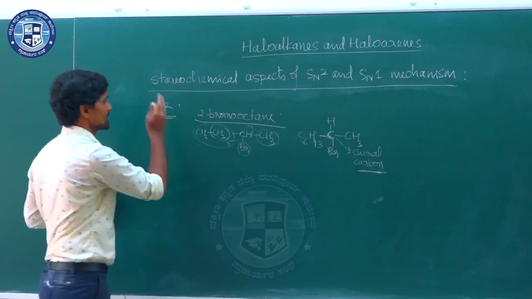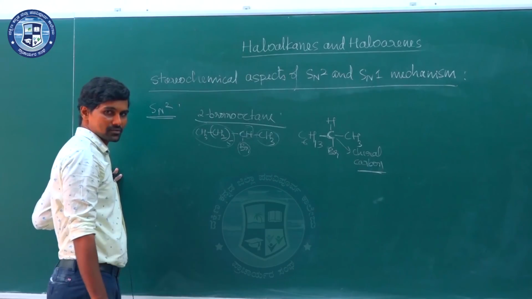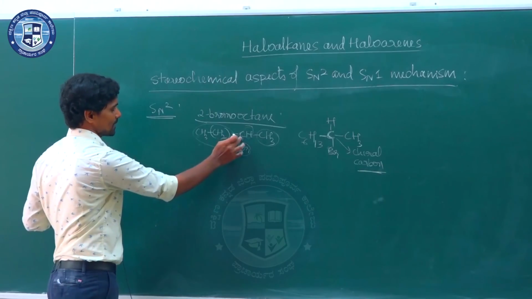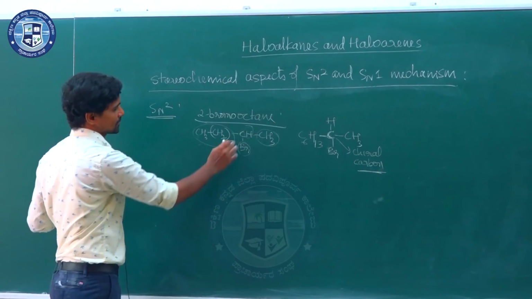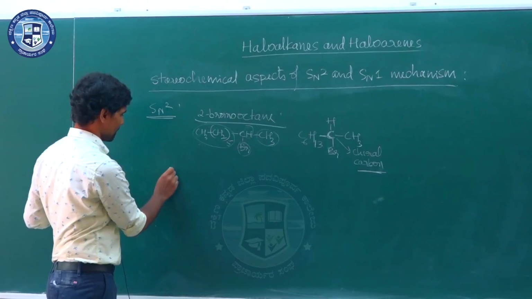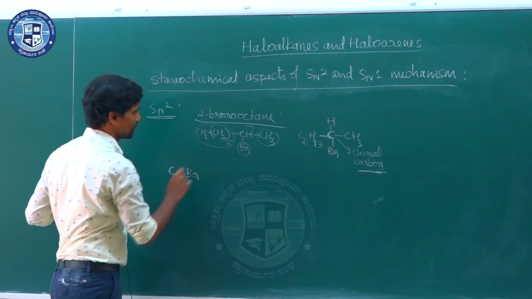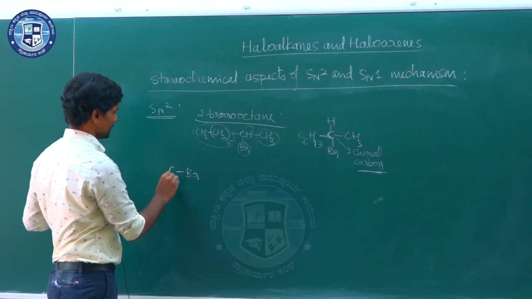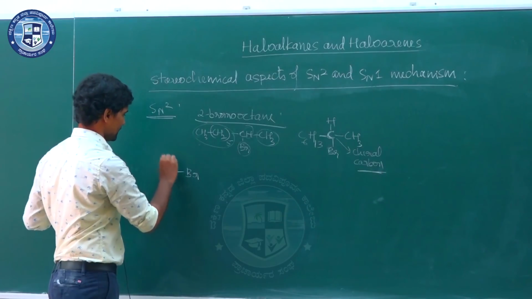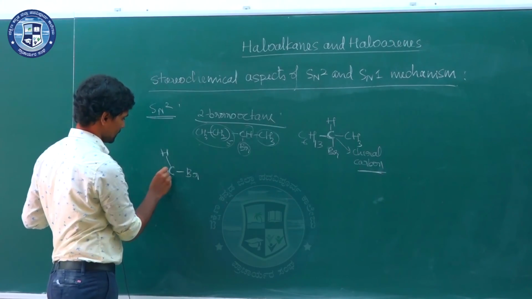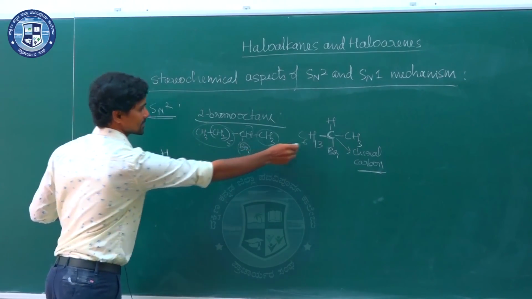When it undergoes SN2 reaction, what happens? We will write the 3-dimensional configuration with respect to this carbon. So carbon, bromine, then we will write H here, and that is C6H13.